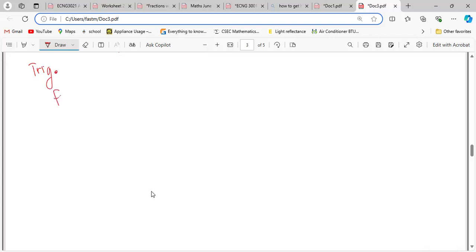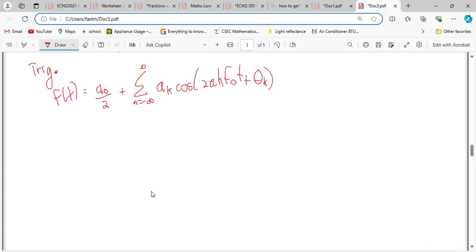You know that f of t is a naught on 2, which is the DC component, plus the sum from n equals minus infinity to infinity of a_k cos(2 pi k f naught t plus theta k), plus the sum from n equals minus infinity to infinity of b_k sin(2 pi k f naught t plus theta). So that's the trigonometric form of your Fourier series.